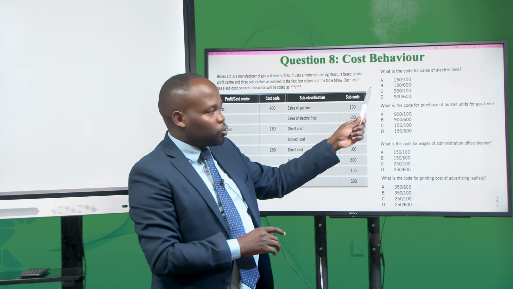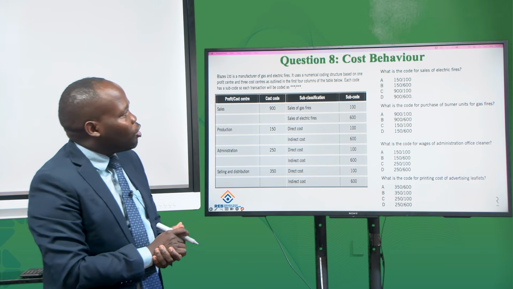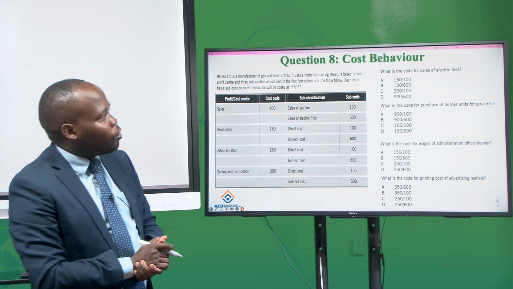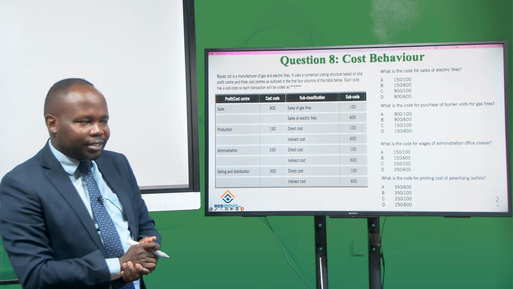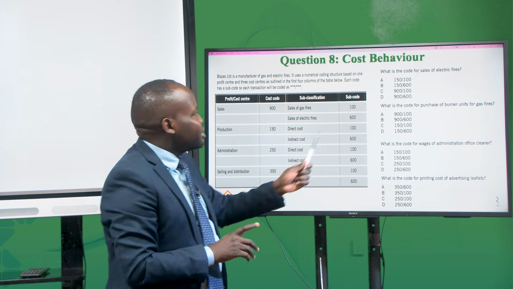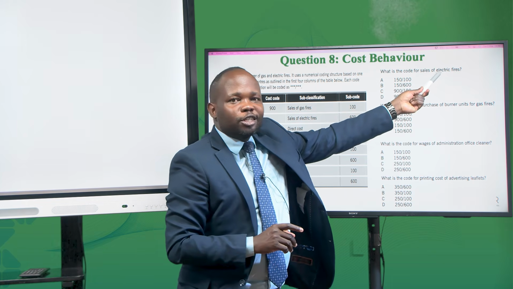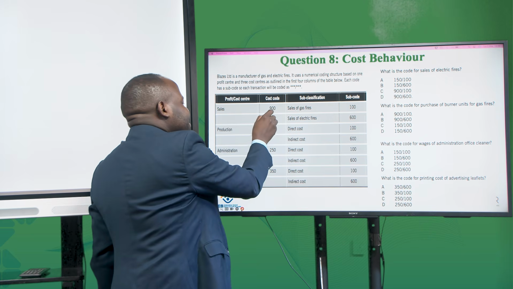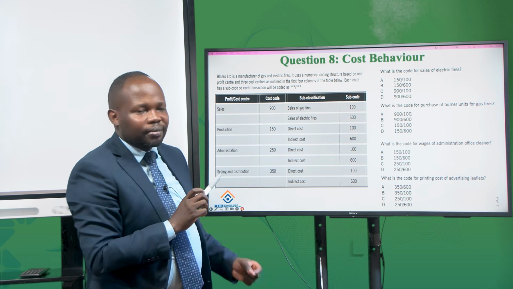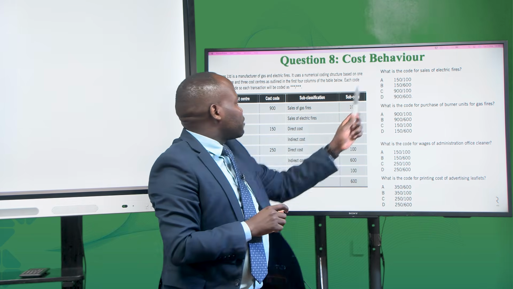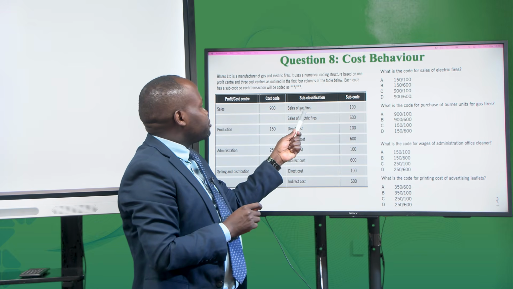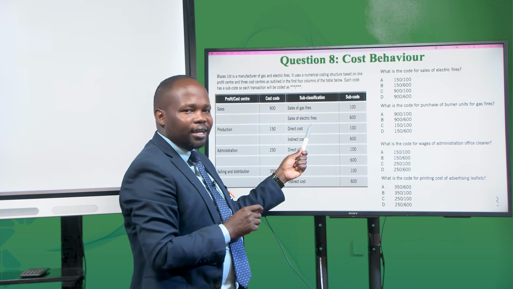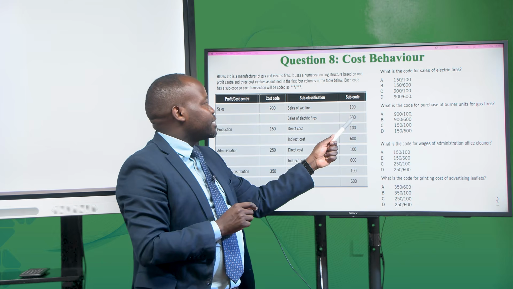So we have the first question. What is the code for sales of electric fires? There are two parts: the sales and the electric fires. Sales is the main code, 900. And then there are two types of fires, gas and electric, and electric is 600.